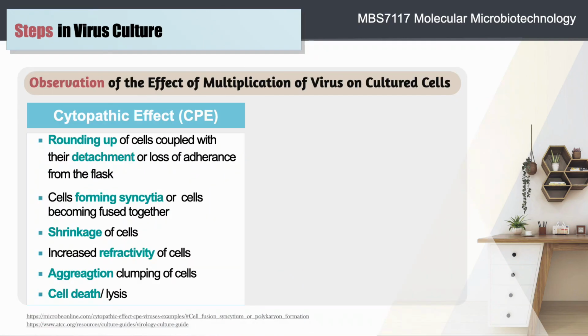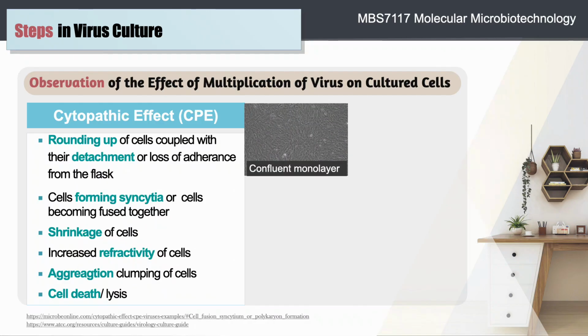So we're still looking at the steps in virus culture in cell lines, and now we are observing the effect of multiplication of the viruses on the culture cells, and this is the cytopathic effect, or CPE. So number 1, typically we are going to see rounding of cells coupled with the detachment or loss of adherence from the flask.